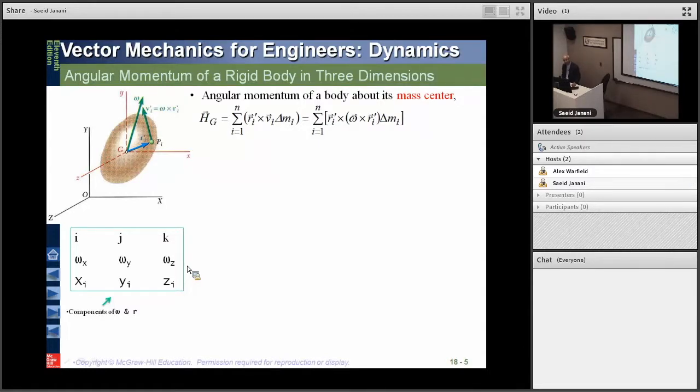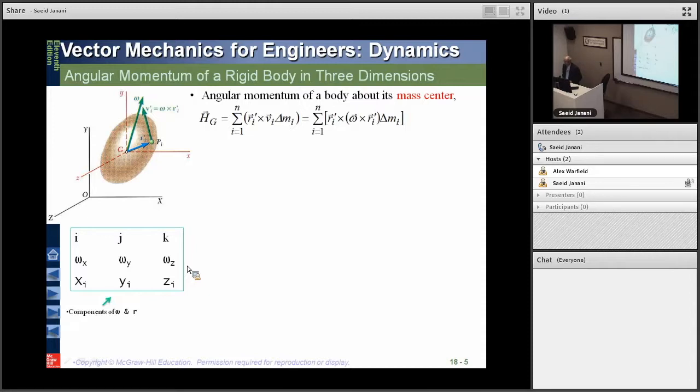Velocity is always tangent to the path. So at the point Pi, we have a velocity v prime of i for that particular particle, and velocity would be omega cross r.